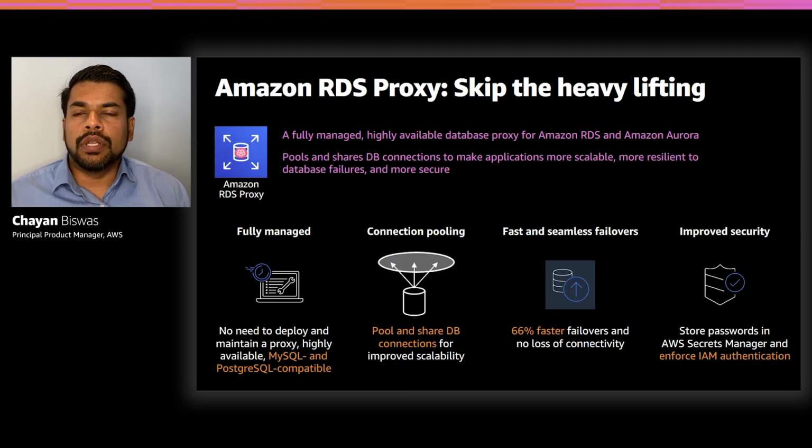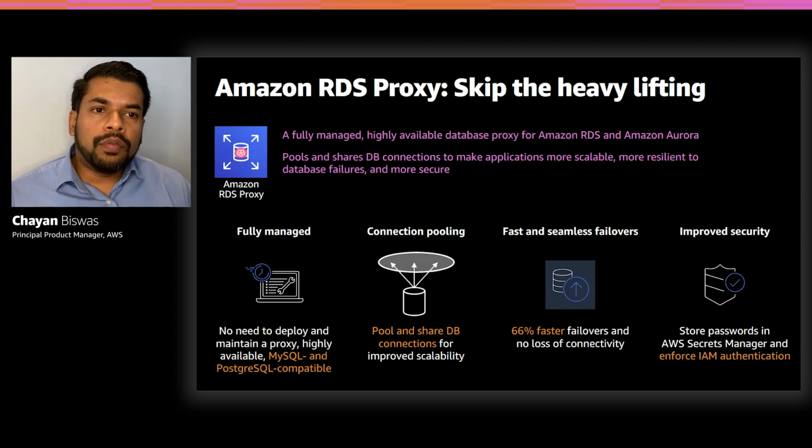IAM authentication is supported in MySQL and Postgres databases on both RDS and Aurora. With RDS Proxy, what you can do is say that all my clients must use IAM authentication. And that way you can ensure that no one is storing credentials, usernames, or database passwords in their application configuration files or within the application itself.